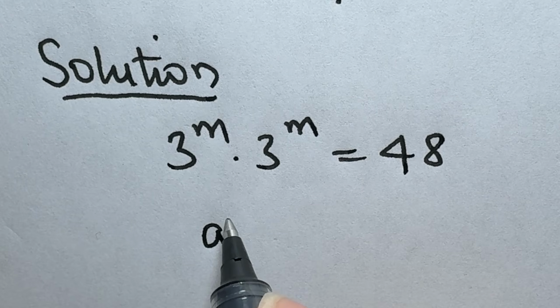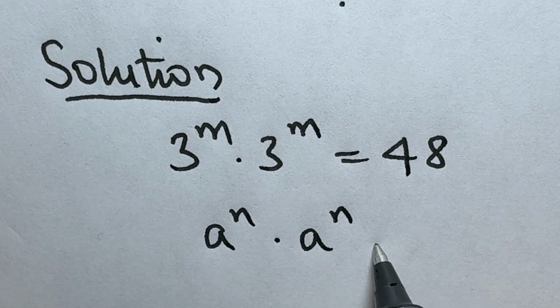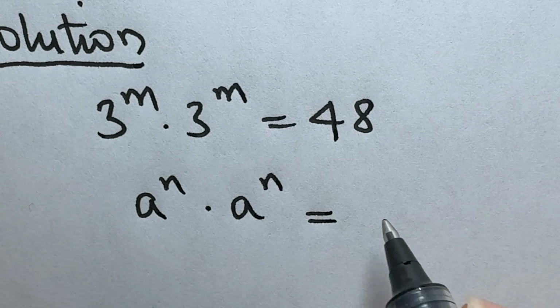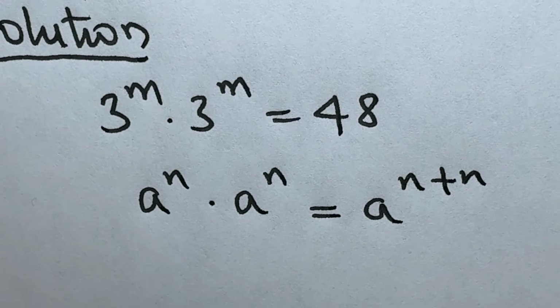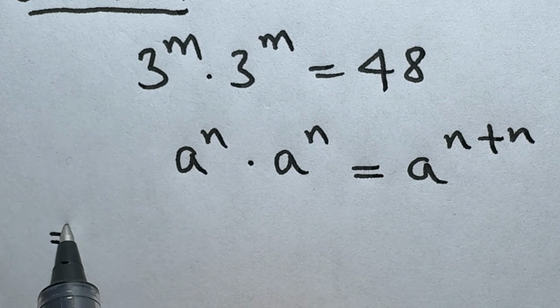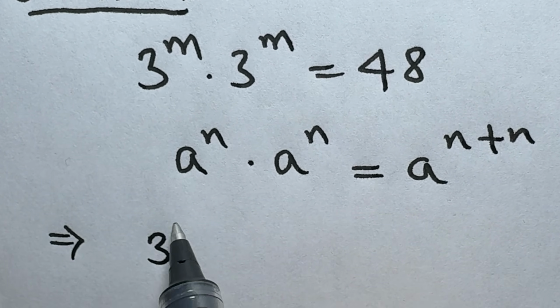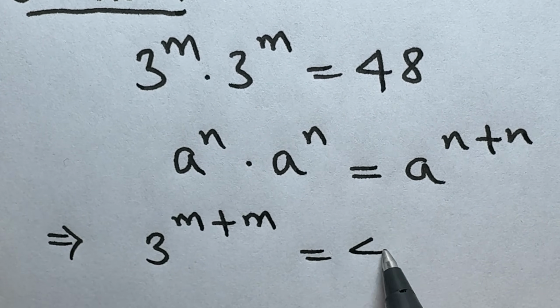A raised to power n times a raised to power n, by law of indices, is a raised to power n plus n. So this equation can be expressed as 3 raised to power m plus m is equal to 48.